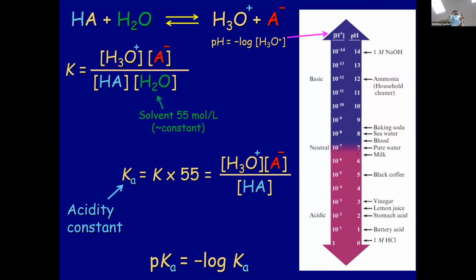Now, with the pH scale, so pH is the minus log of H plus, and with the pH scale, we can go from HCl to NaOH, and everything in between. We should also know by now that the pH scale doesn't stop from 0 to 14. You can have negative pHs, and you can have pHs of 15, 16.